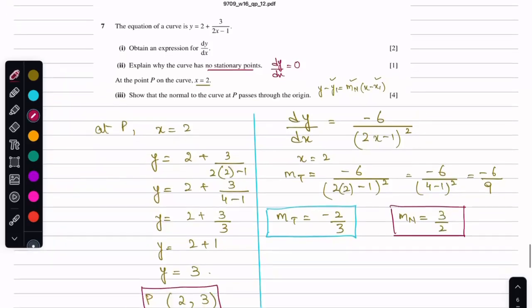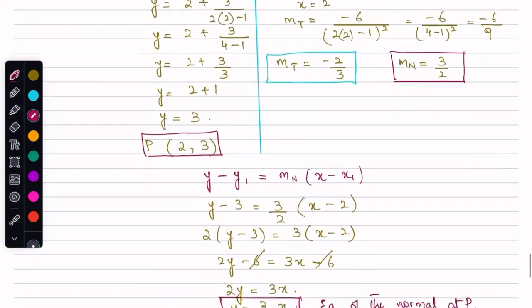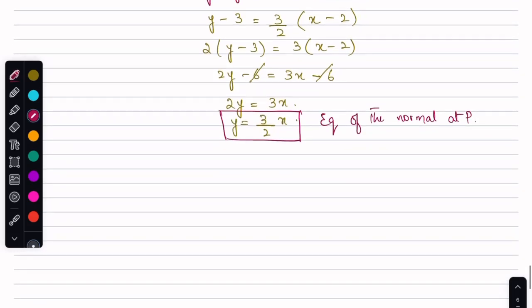Now the question has said that we have to show that the normal at P passes through the origin. If it passes through the origin, then it means that if my x is 0, my y should also be 0.